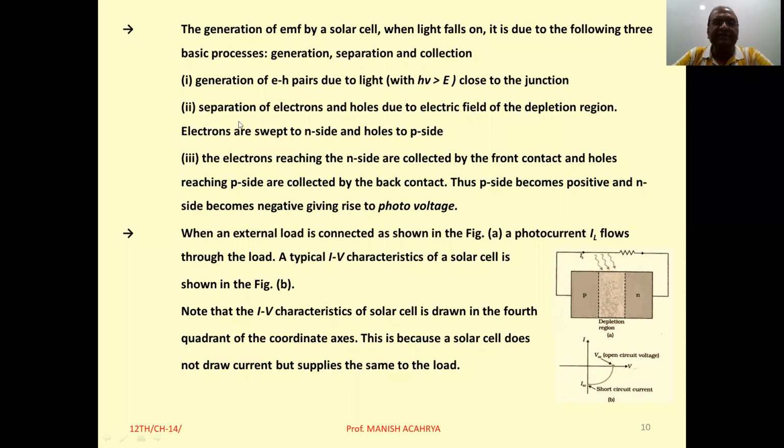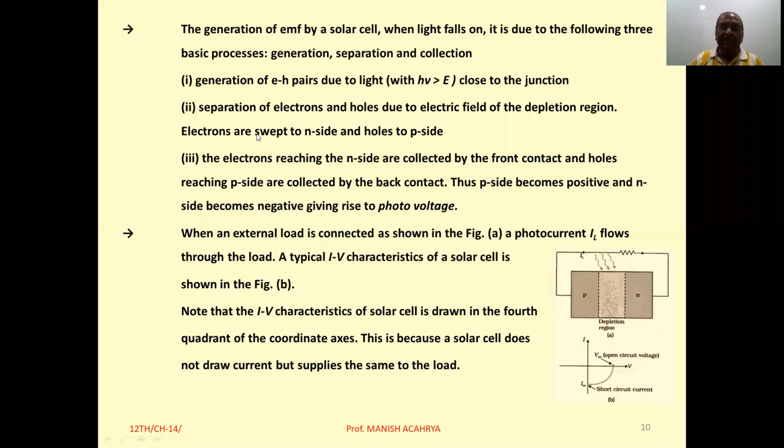Then the second process, separation of electrons and holes due to the electric field in the depletion region. Electrons are swept to the N side and holes are swept to the P side. The electrons reaching the N side are collected by the front contact, made by that metallic finger grid type electrode, and holes reaching the P side are collected by the back contact.